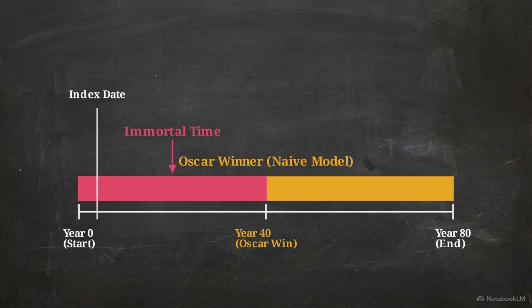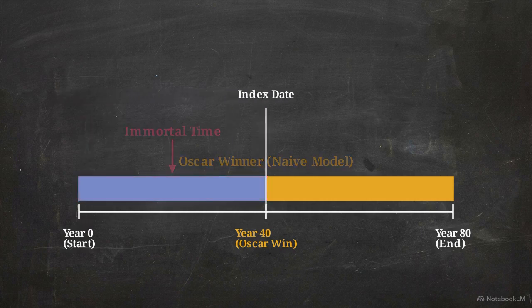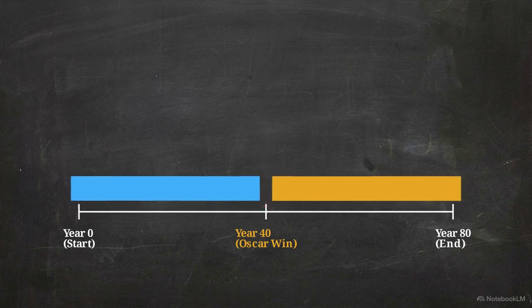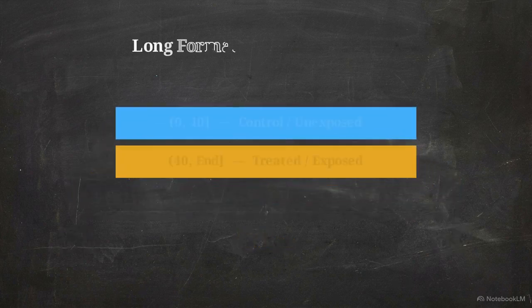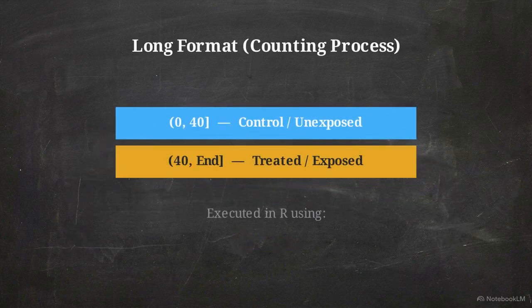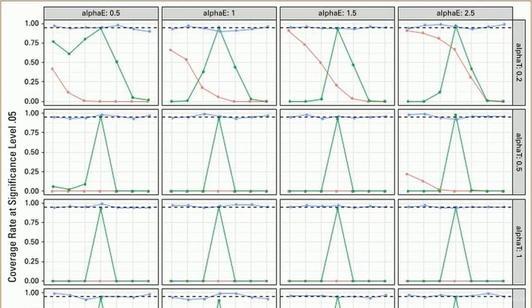To correct this, the index date must shift from initial observation to the actual time of the milestone. The subject's timeline is partitioned into multiple rows using time-varying covariates, easily executed with functions like survSplit or tmerge in R. This chart shows the consequences of failing to apply this time-dependent partitioning.